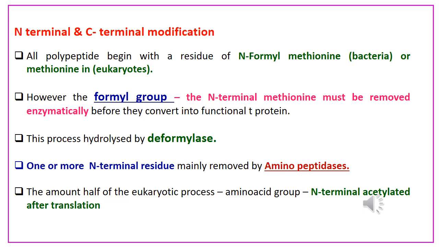The process is hydrolyzed by the enzyme deformylase. One or more N-terminal residues are mainly removed by aminopeptidases. In eukaryotes, the amino group of the N-terminal is acetylated after translation.